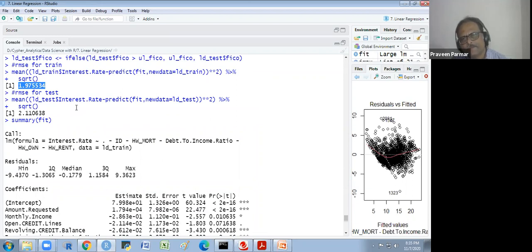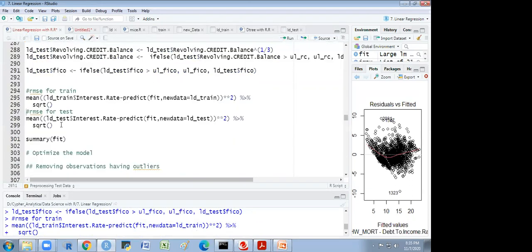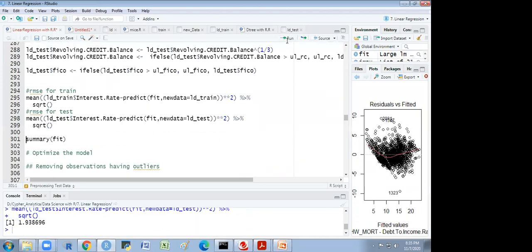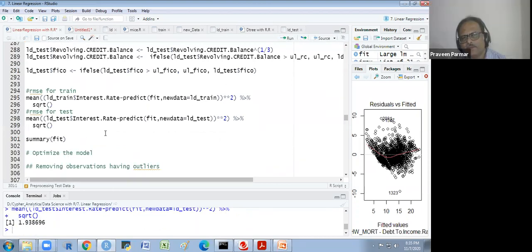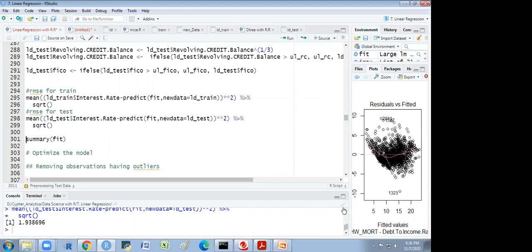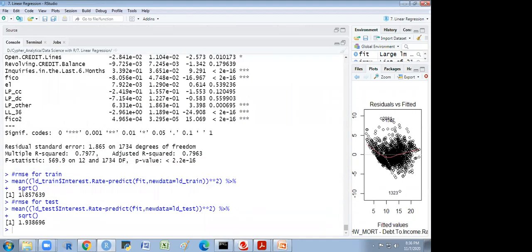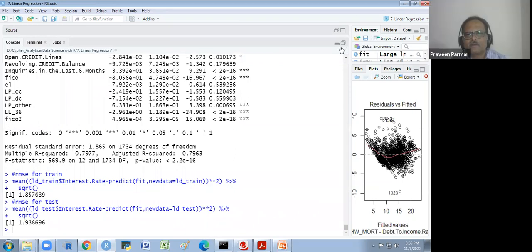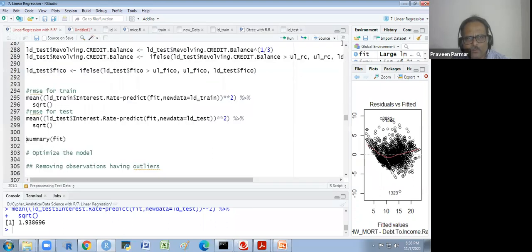And we also use it for the test data, we see it is 1.93. It decreased or not? Yes, sir, it decreased.